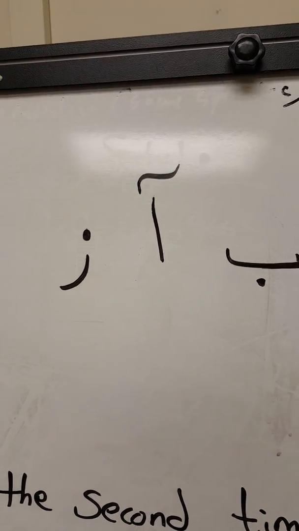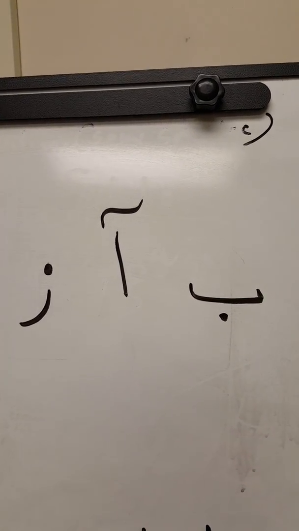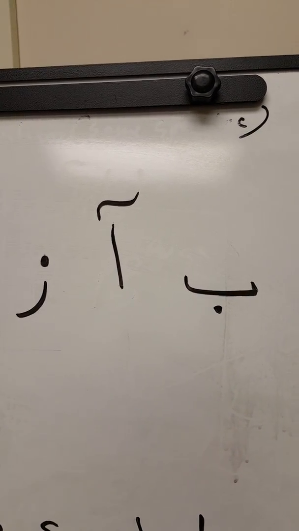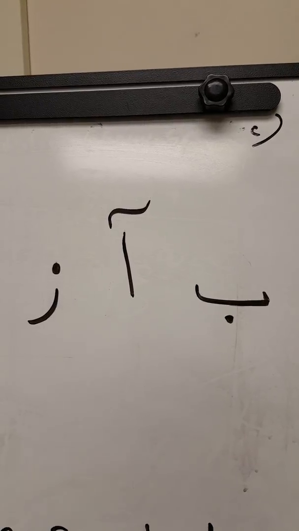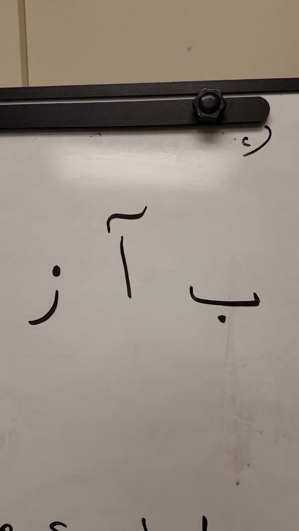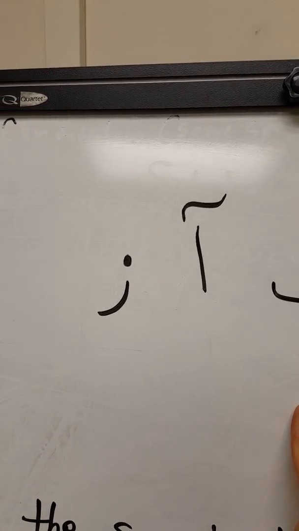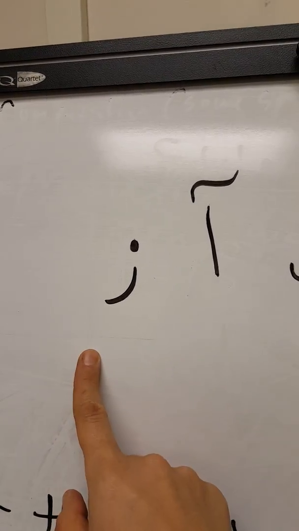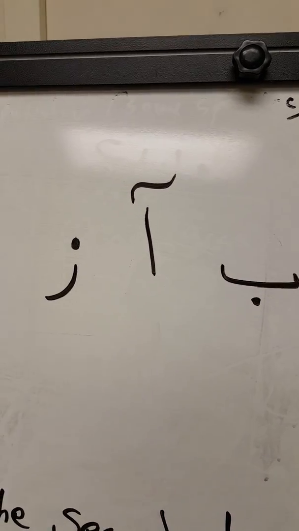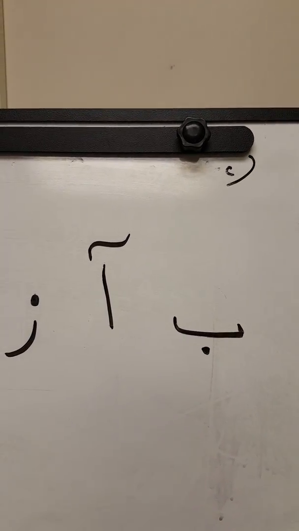And the thing that I write in here is not a word in Farsi because I just put 3 Farsi alphabets without even attaching them together. So it doesn't mean anything if you write it like this.